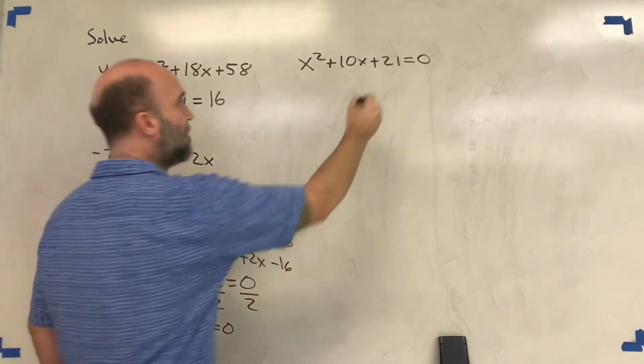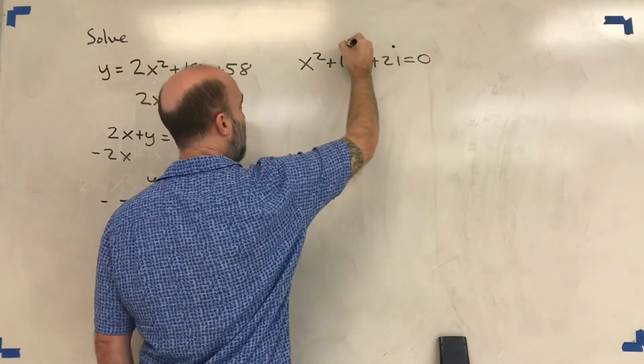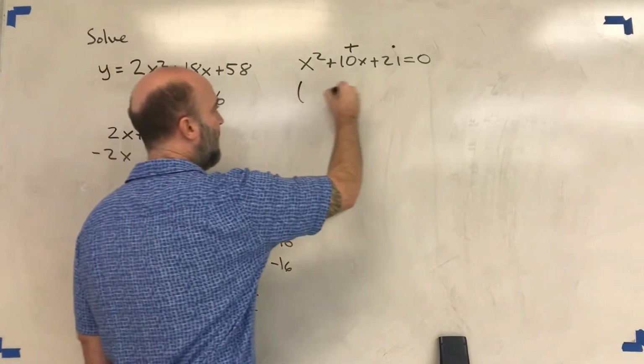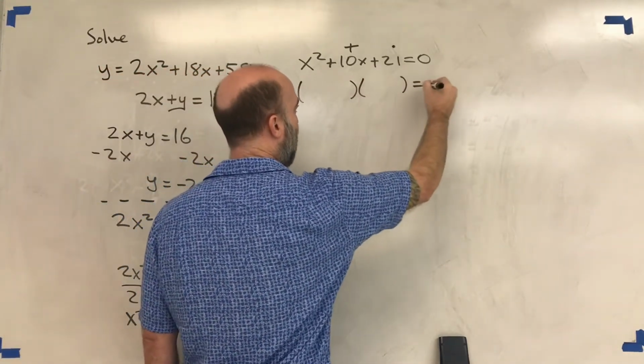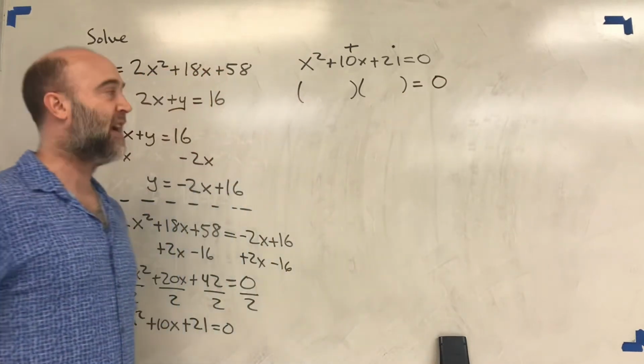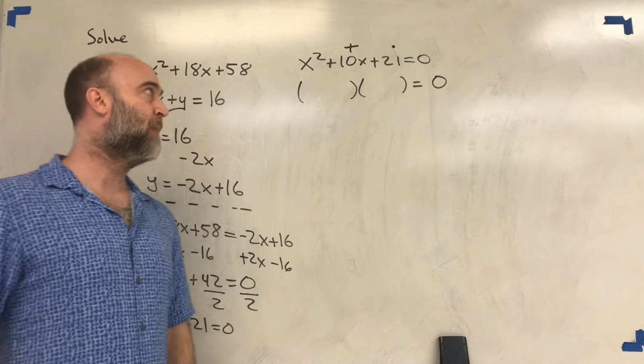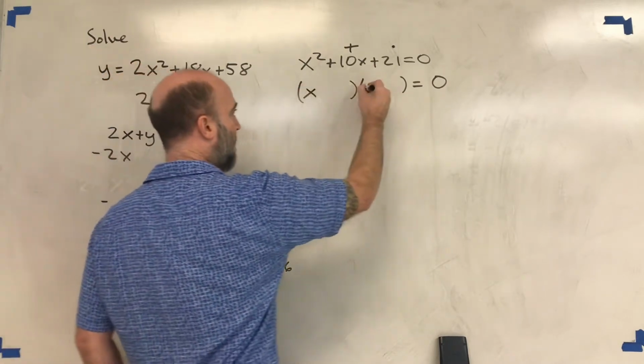At this step, we want to look for what two numbers multiply to be the 21 and add to be the 10. We're factoring at this stage. So it always looks like a binomial in this situation if it factors. I know what they are. If it didn't factor, I would have to use the quadratic formula. I know an x goes in front.